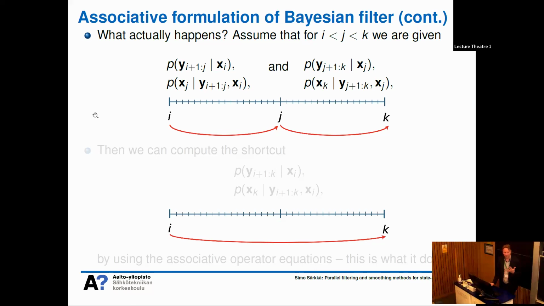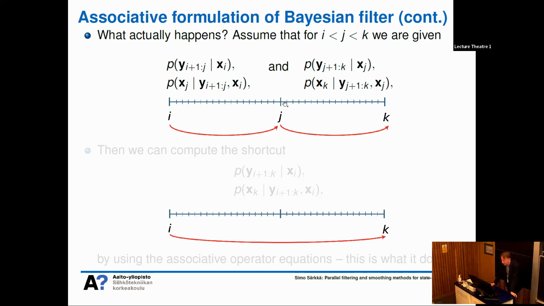But the Markovian property makes them disappear. And then we have the measurements on the whole range given the starting point. And then we have another one for the second part: the end point given the middle point and the measurements there, and then the measurements given the starting point.